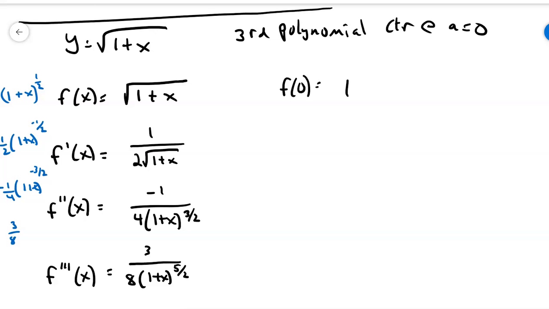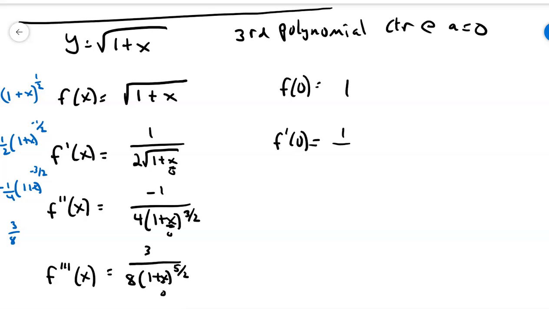Now, if I put a 0 in for x, this thing actually computes very quickly. The square root of 1 is 1. Over here, f prime of 0, if I put a 0 in for x, again, I just get the square root of 1. In fact, down the bottom for all of these, if I put a 0 in for x, I end up with all 1s on the bottom times whatever that number is. So that's why I didn't put it in radical form, because it would have just been messier than necessary.